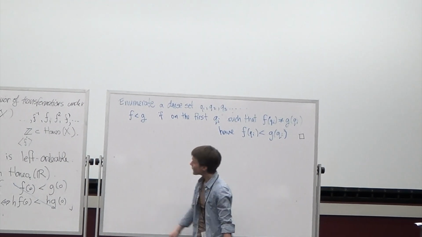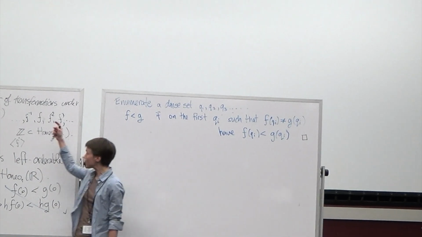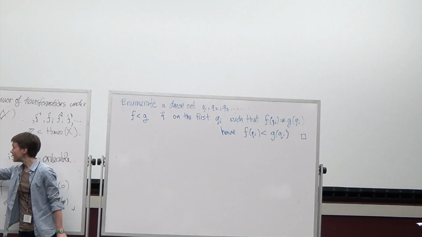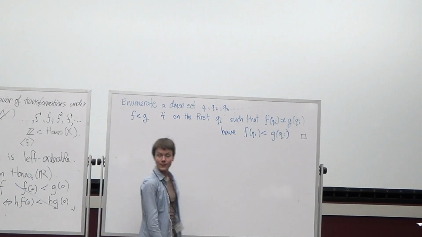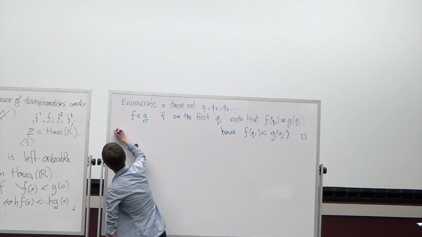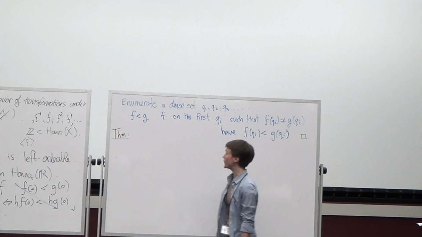But actually, better than this, left orderable groups are precisely, in some sense, groups that act on the line. So here's kind of a converse. I'm going to state this as a theorem. It's kind of a folklore theorem.